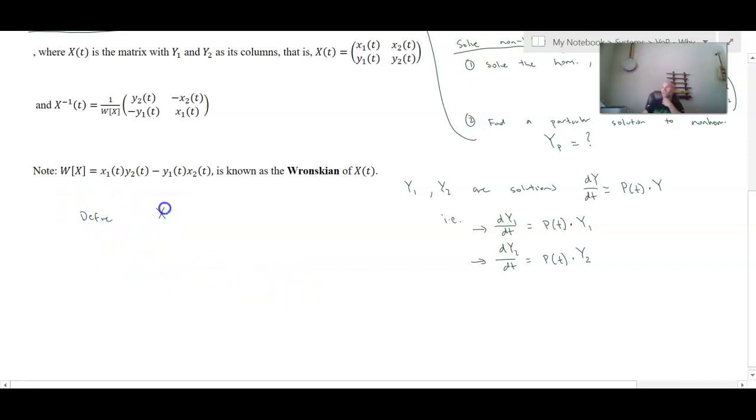define X to be the matrix which will contain as its columns the two solutions that we've come up with over here, right?